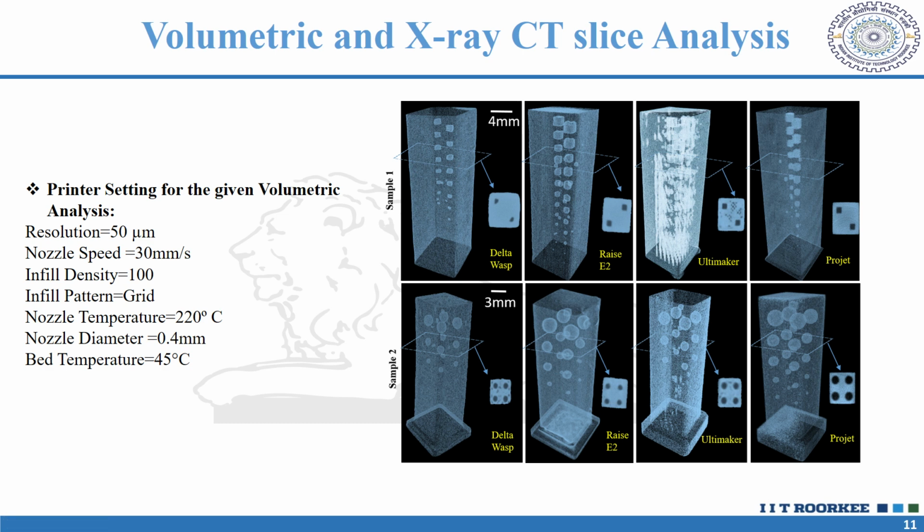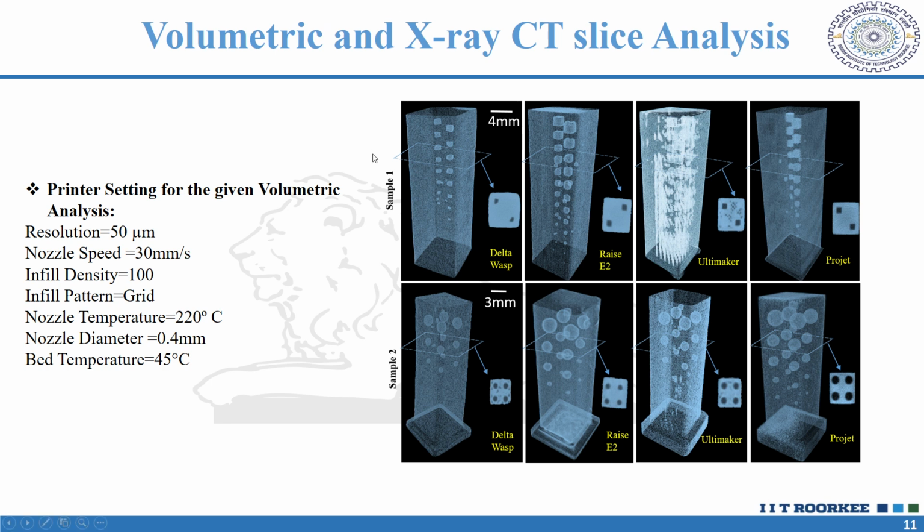And then we analyzed the inside structure, or the shape of the voids, and we found out that the Project printed the exact size of the voids which we inserted, but this is not the case for other 3D printers. The voids printed by Delta Wasp, Raise E2, and Ultimaker are somewhat distorted, or we can say that they are not of exact shape.